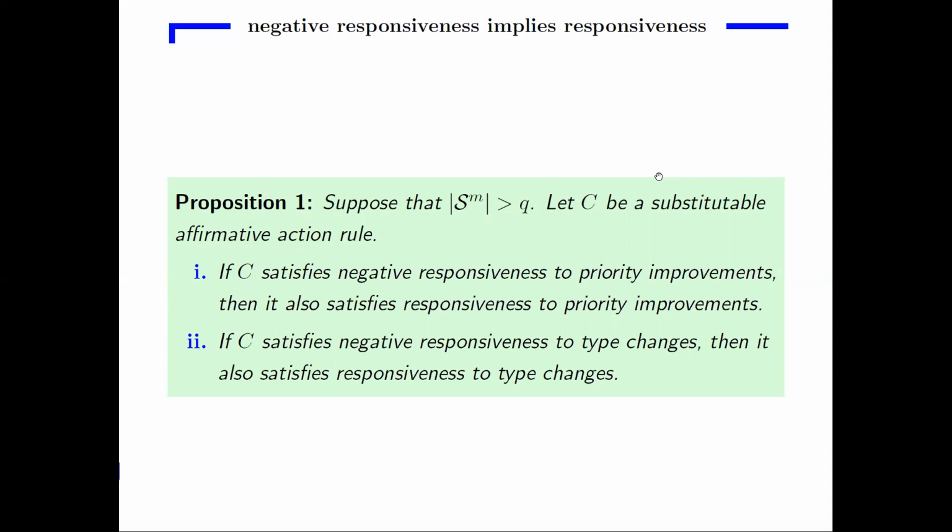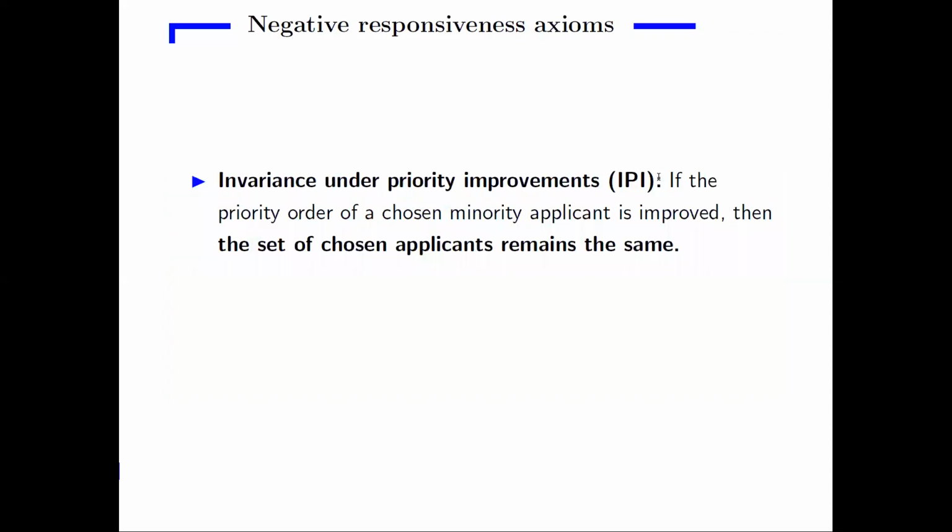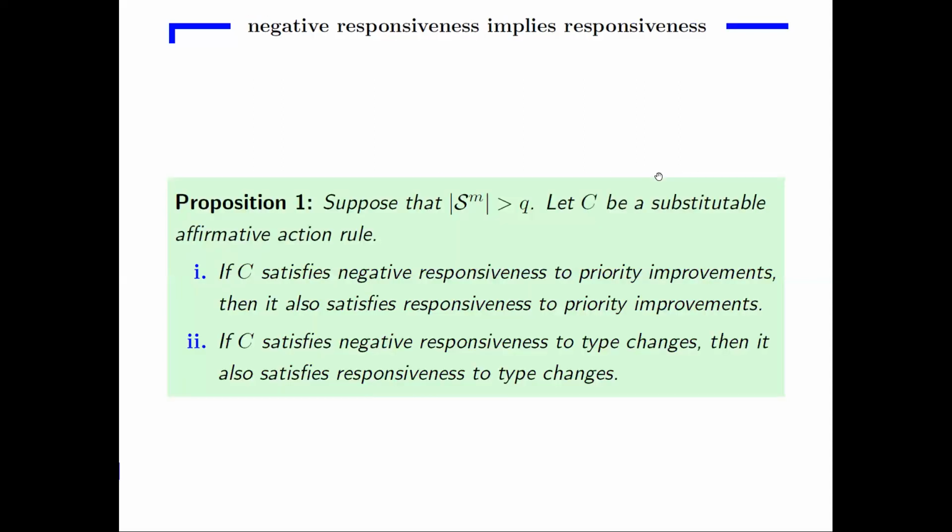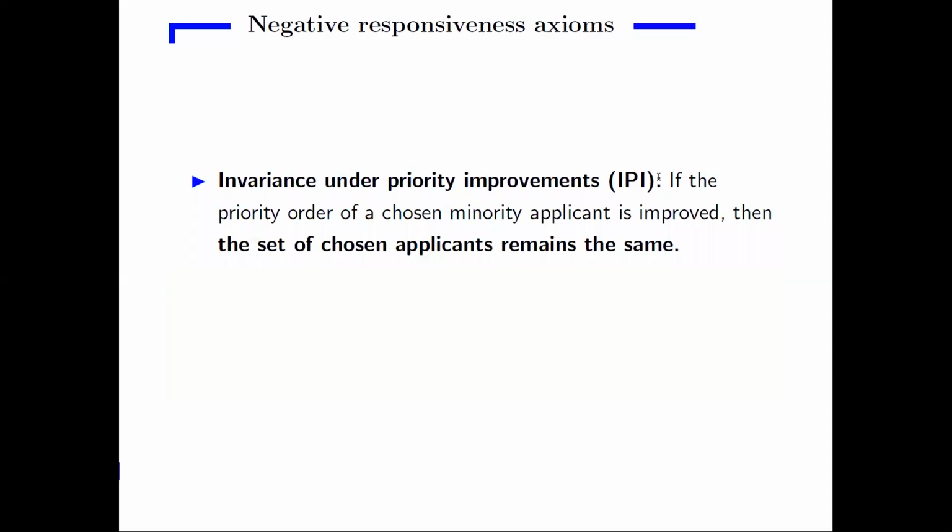So what does this mean? Negative responsiveness and responsiveness are quite the opposite. That means if an affirmative action rule satisfies negative responsiveness to priority improvements, then it must satisfy invariance under priority improvements, which tells that if the priority order of a chosen minority applicant is improved, then the set of chosen applicants remains the same.